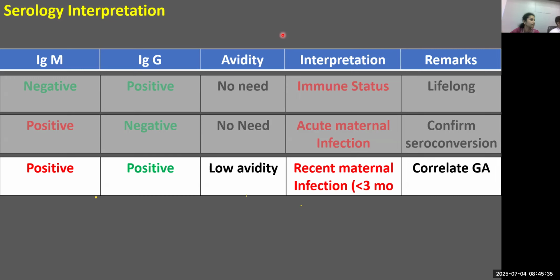So this situation can be clarified by IgG avidity. You are now asking the question, IgG, how old are you? If it is very old, it will be very mature and the avidity will be very strong.